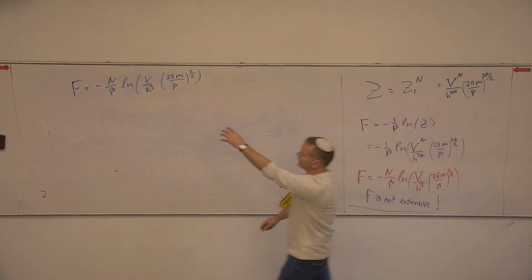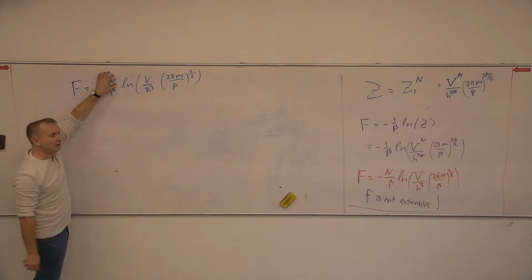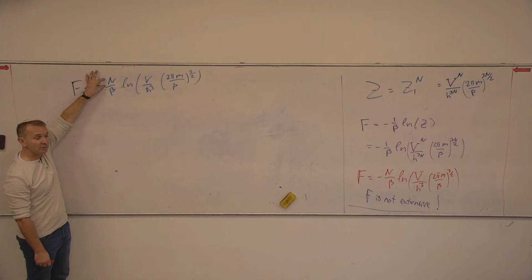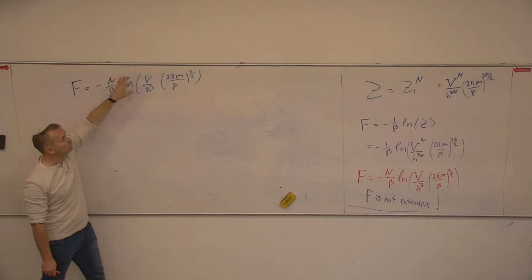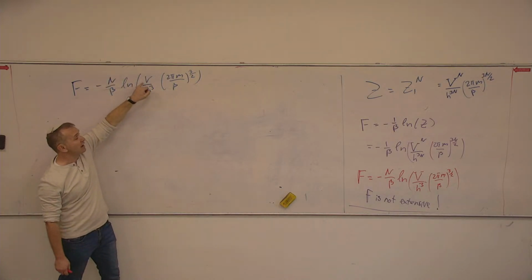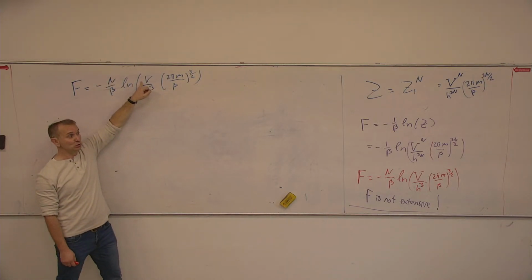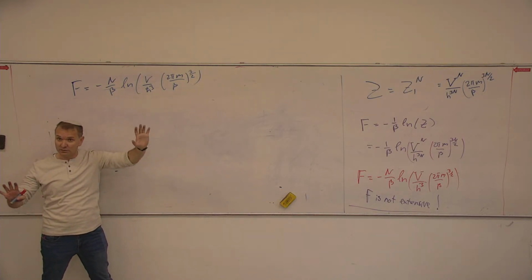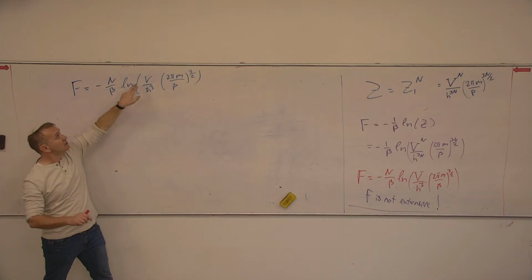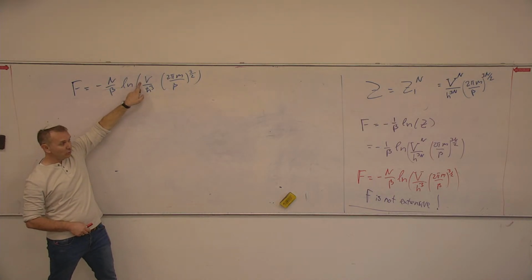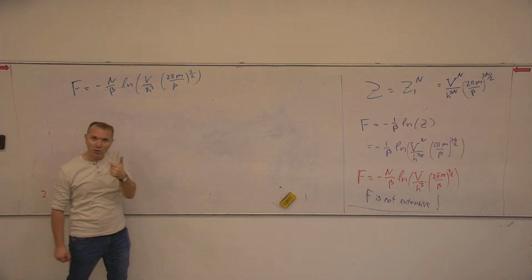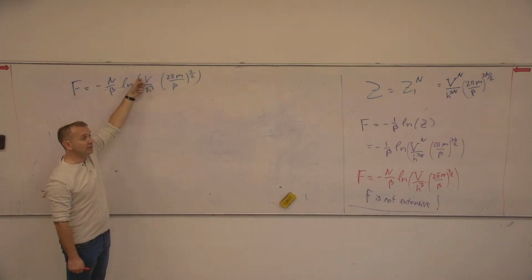This factor is fine. When I increase n by 2, I have a factor of 2 over here. But the moment that I increase n by 2, I also have to increase the volume by 2. And here I have an additional log of 2. Log of 2 is not 2. Sometimes it is, but for us it's not. So if I increase the volume by 2, the system is not increasing by a factor of 2. So somehow I have to cancel this.